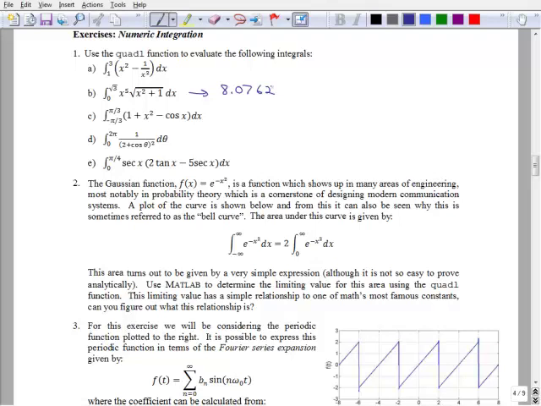Now the second exercise deals with an improper integral, where the limit is infinite, and so we can actually evaluate this using the quadL function by extending the upper limit to be very large numbers and see if we find a limiting value.